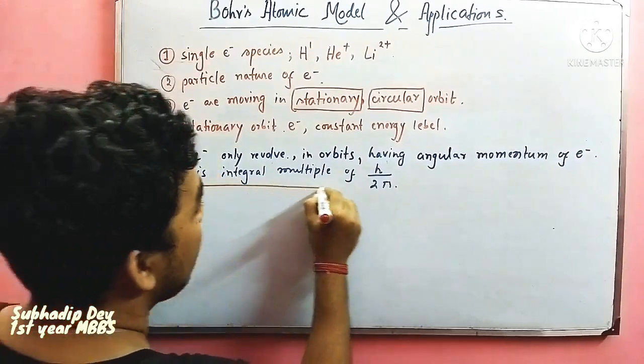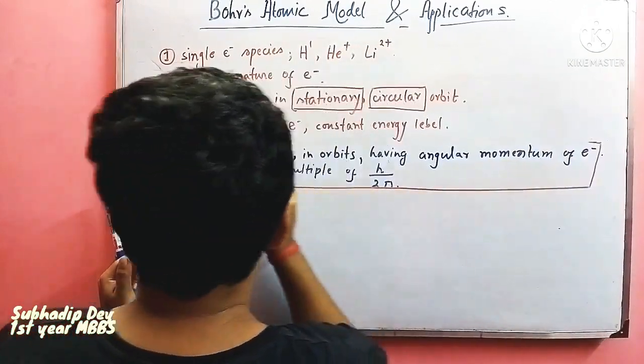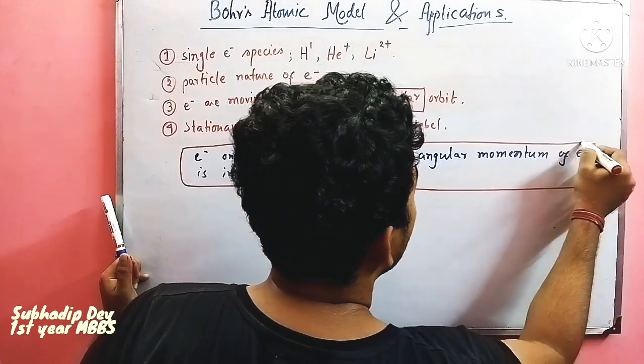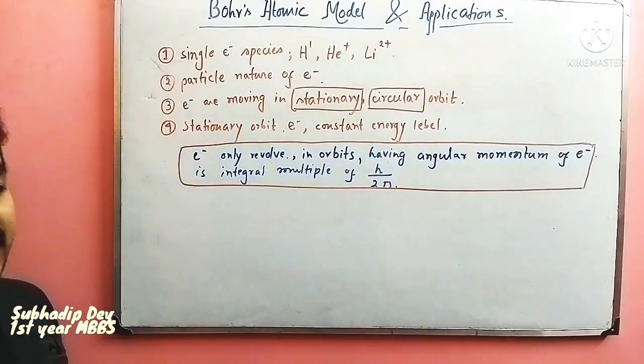In this way, Bohr specified the orbit for any specific electron.